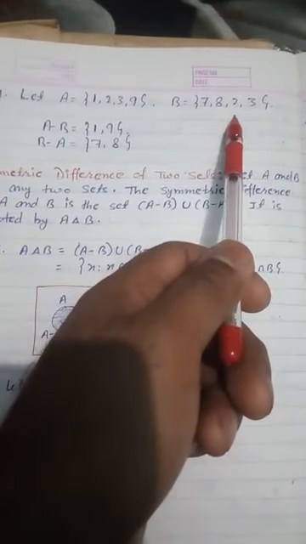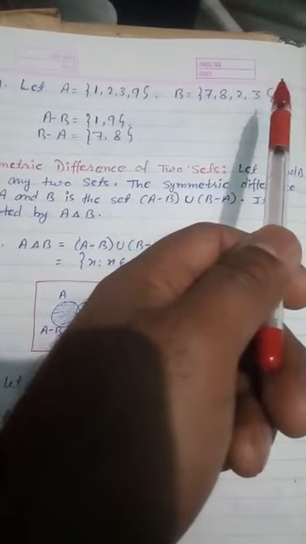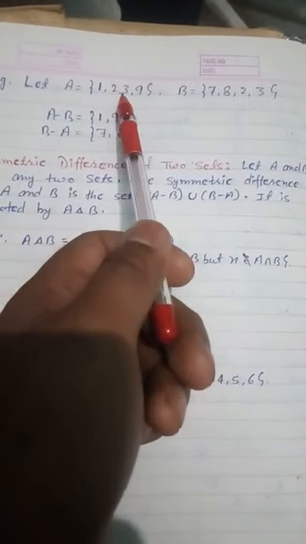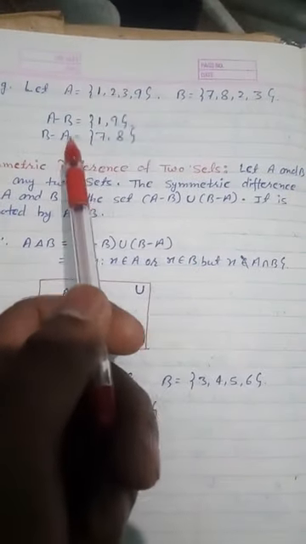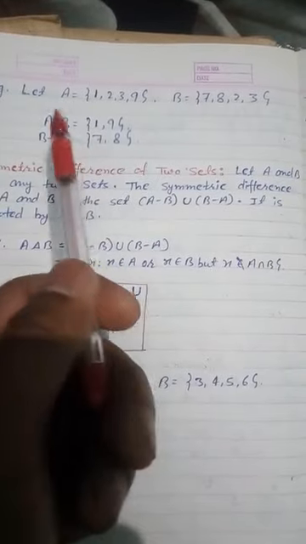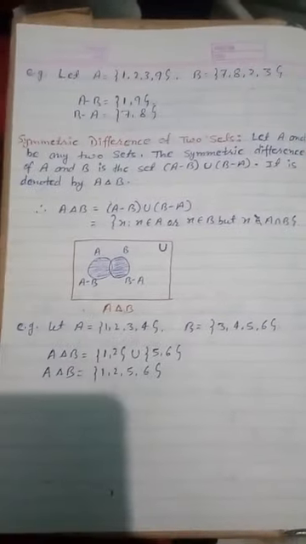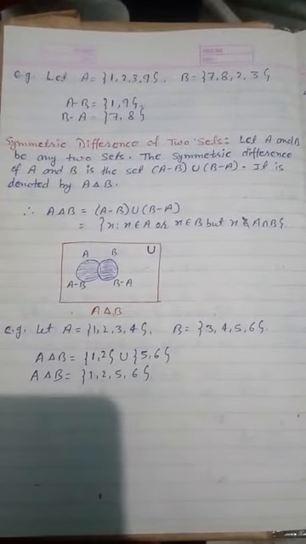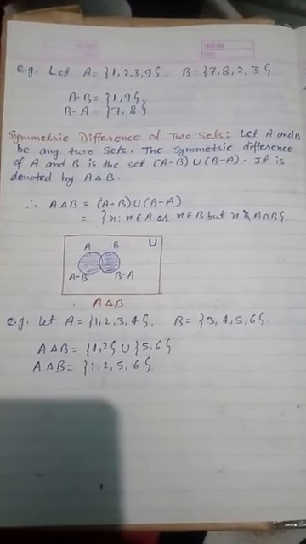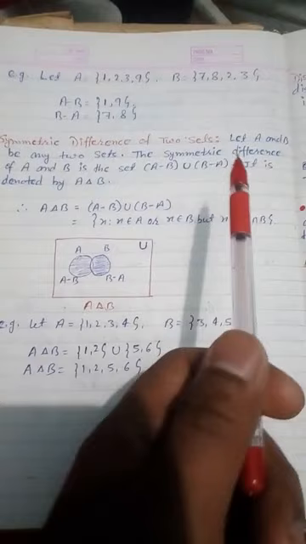But 2 and 3 belong to both B and A, so we can't write 2, 3 in the set B minus A.